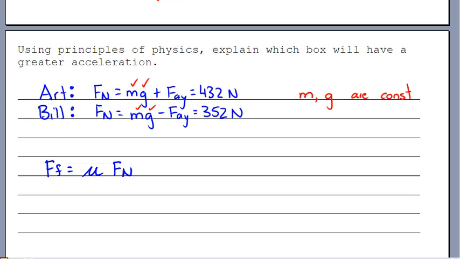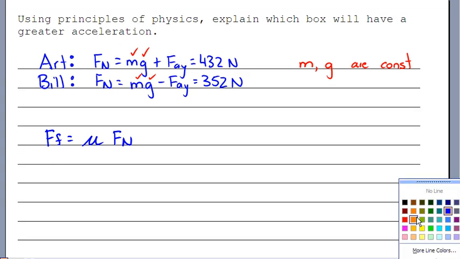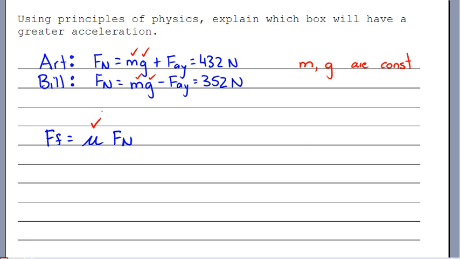Well, it's the identical rough surface, so we can put a check mark on the surface coefficient. We should even mention that now: mu is constant. But for Bill, there's less Fn. So maybe a little note in here: Bill's Fn is less.